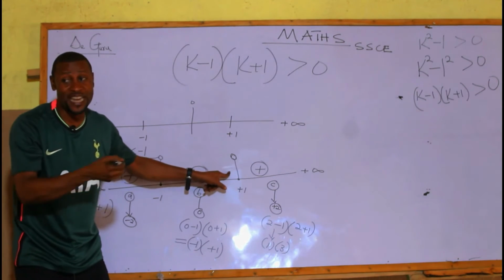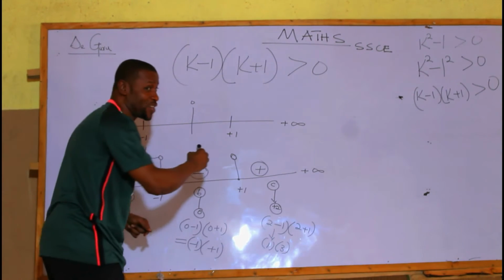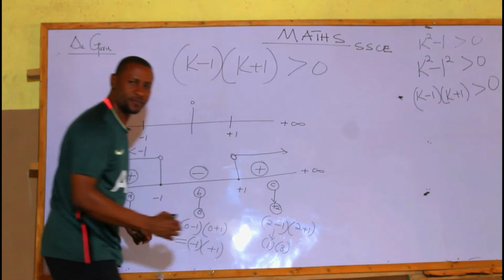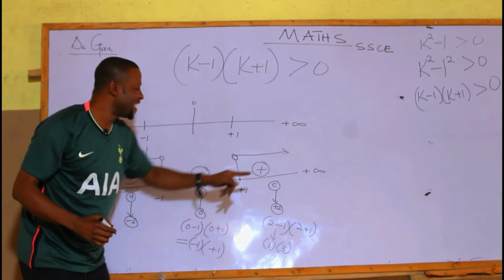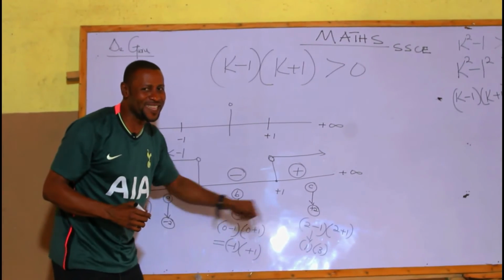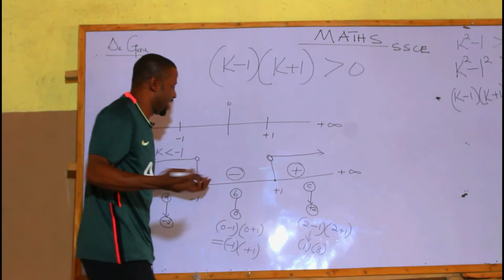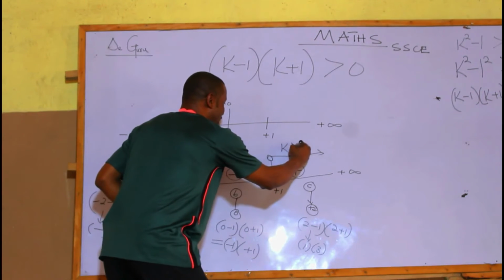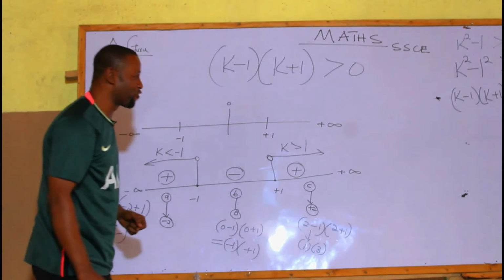Because I need to avoid the negative region, Abi. So I will draw like this. This thing I have drawn, is it greater than 1 or less than 1? That means that K is greater than what, somebody? 1. Class, I don't finish you.